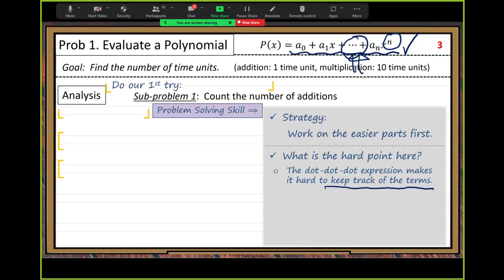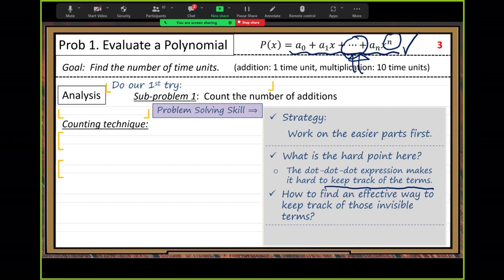So I want to introduce a counting technique to help you keep track of the missing data. We want to find an effective way to keep track of the invisible terms. This counting technique is called counting by reference.